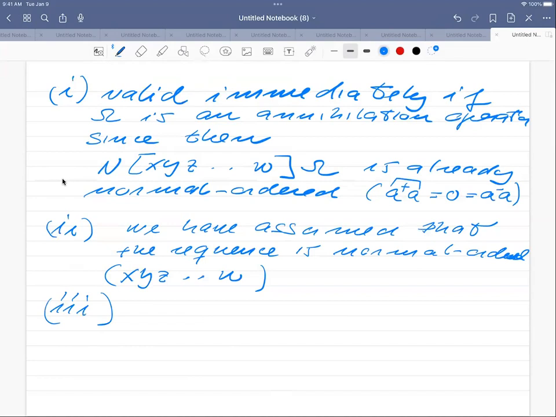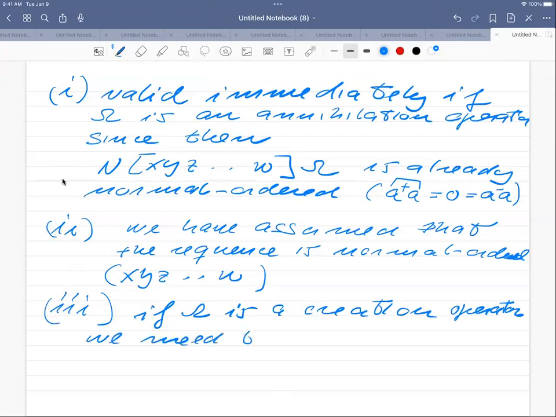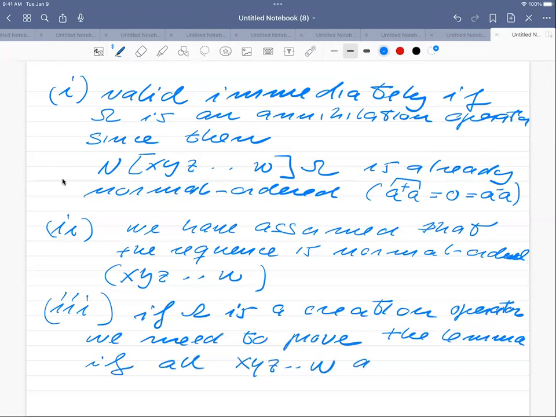So if this omega is a creation operator, we need to prove the lemma if all X, Y, Z to W are annihilation operators.